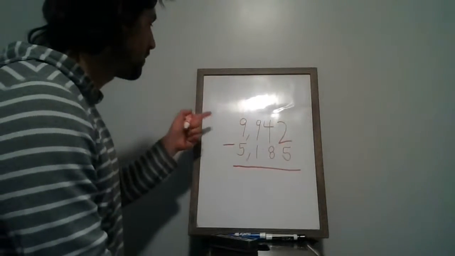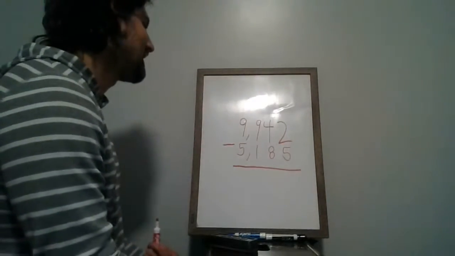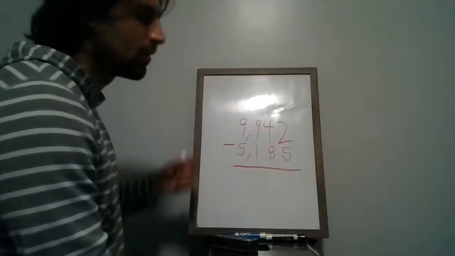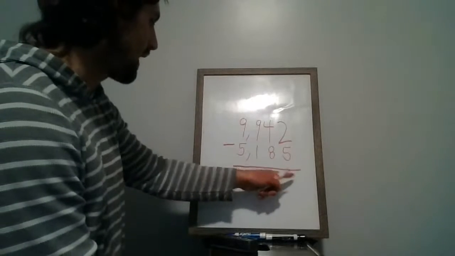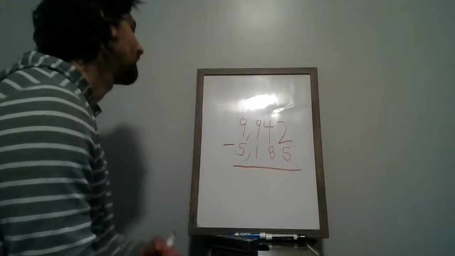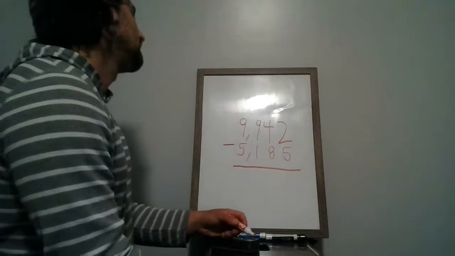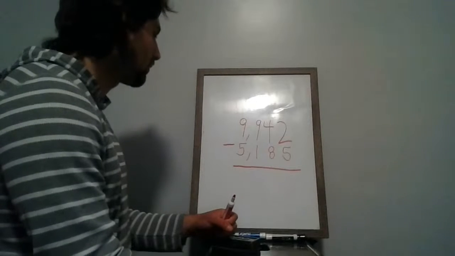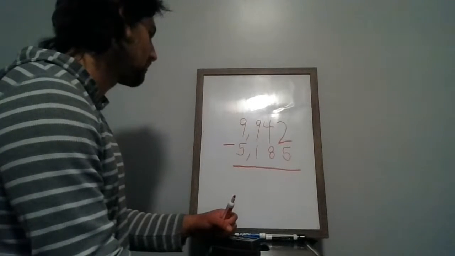So we regroup from left to right, but then we subtract from right to left. All right. So now, first thing, before we subtract a single number, we're going to check and see if regrouping is needed.